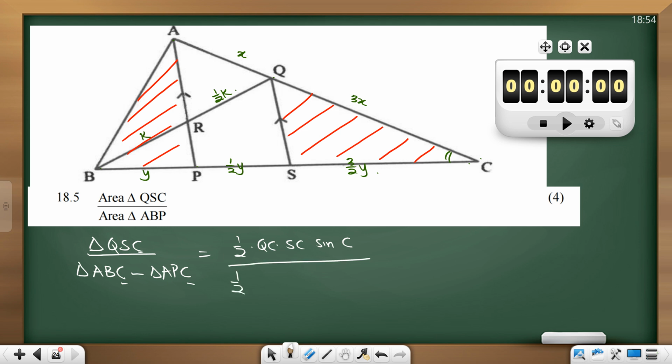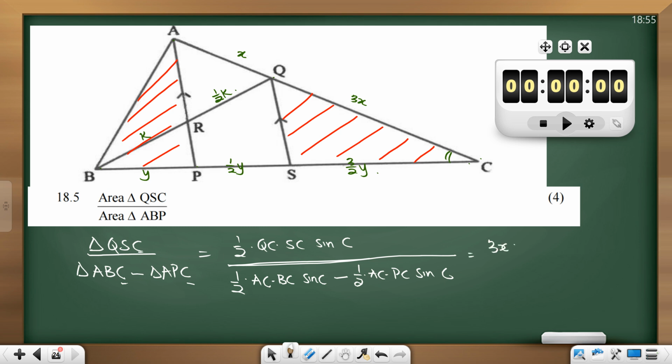Keep your angle there as sine C: half AC BC sine C minus, for APC, half AC PC. Without much ado, half sine C would cancel. Make sense? What is my QC? Do we have it? 3x.